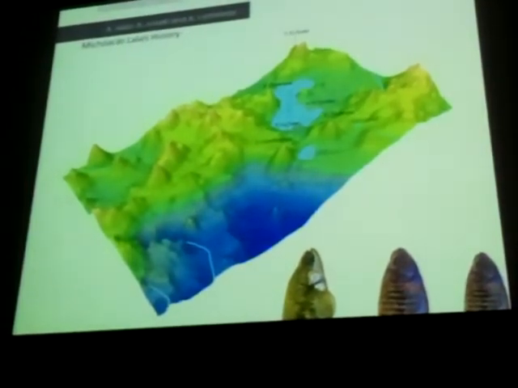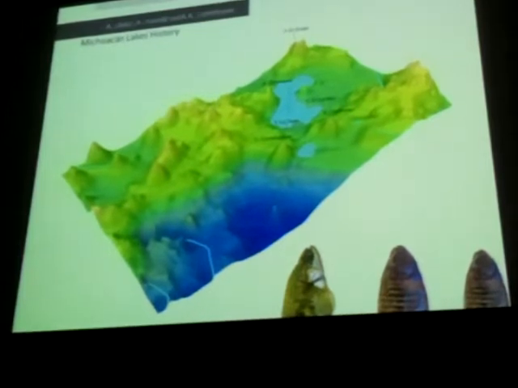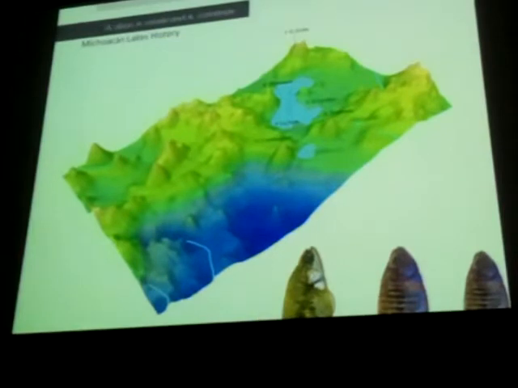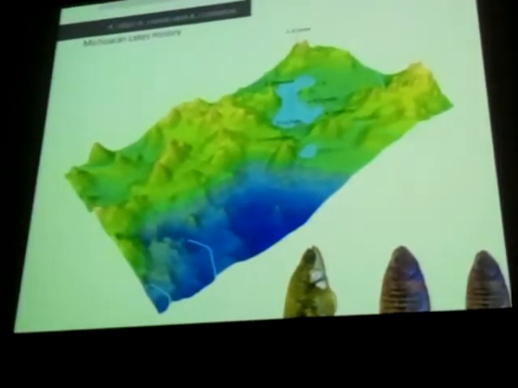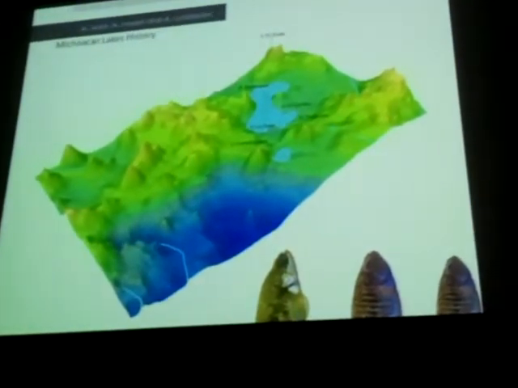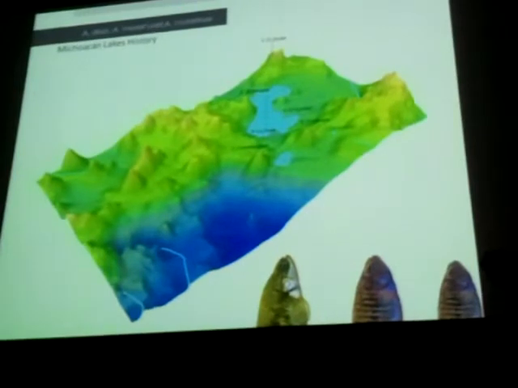And the other one talks about the Cuitzeo system in the north, in this map, being joined with Pátzcuaro Lake and the Lerma system.